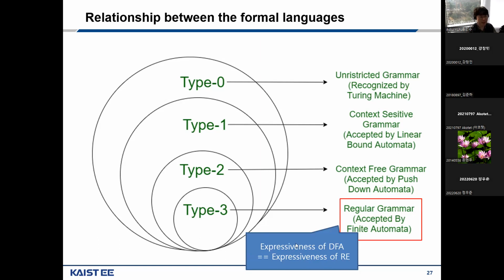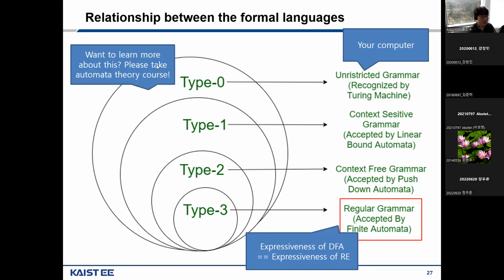That's what it means that their expressiveness is the same. If you want to learn more about this, please take the Automata course in electrical engineering. If you take that course, you can learn what those mean, how you can prove that the DFA is equal to the regular expression, and how they are different.